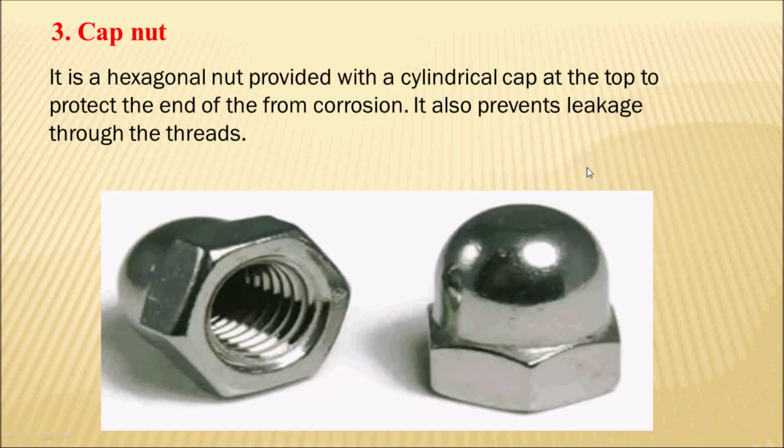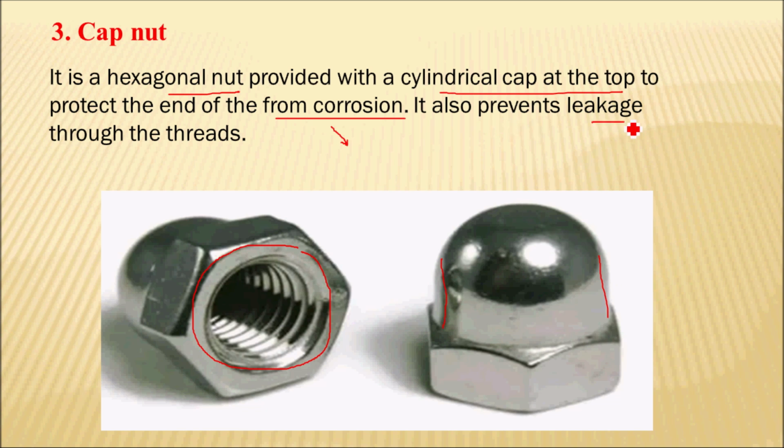Next type of nut is the cap nut. You can see the cap nut in the image. A cap nut is a type of hexagonal nut, with a cylindrical cap at the top end. You can see there is a cylindrical cap at the top end. To resist corrosion, this top end is provided.